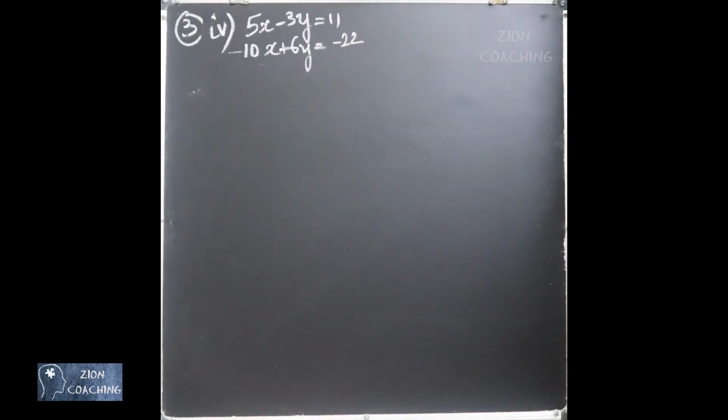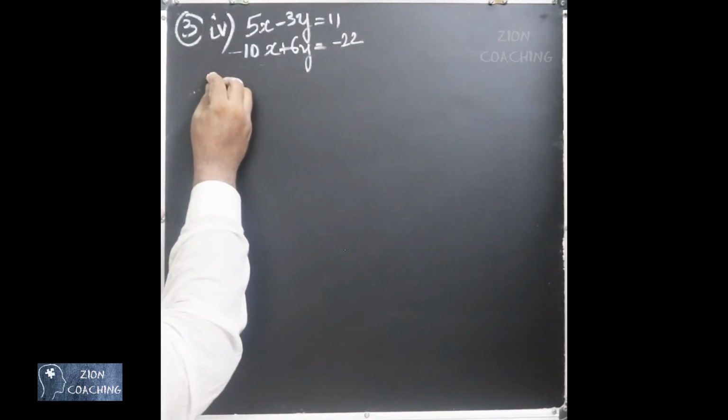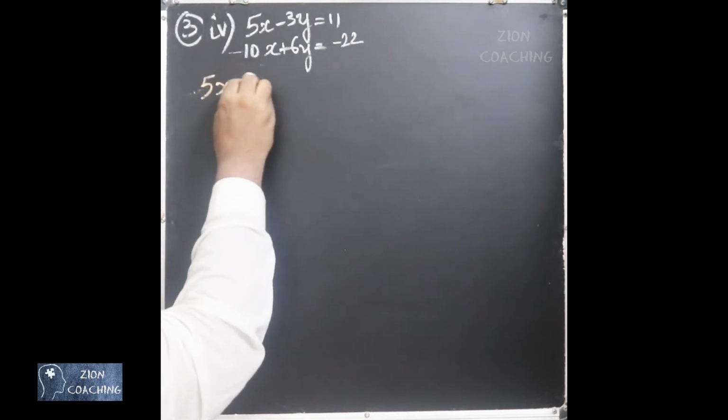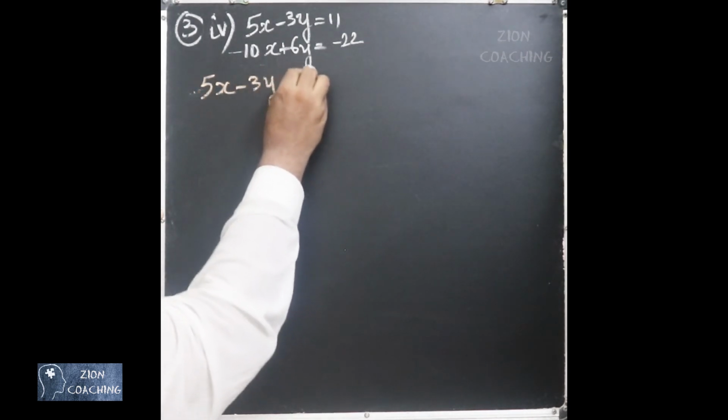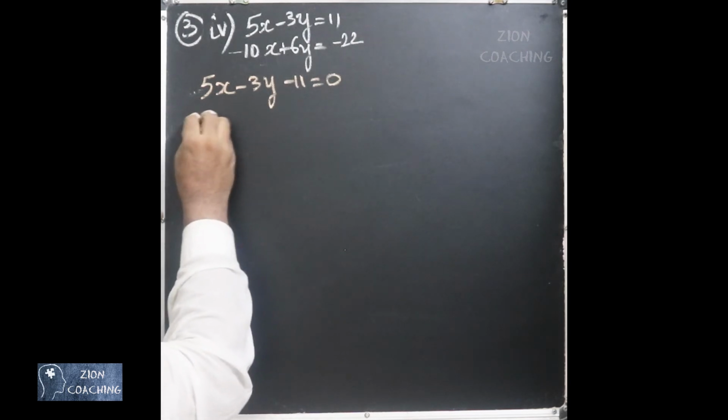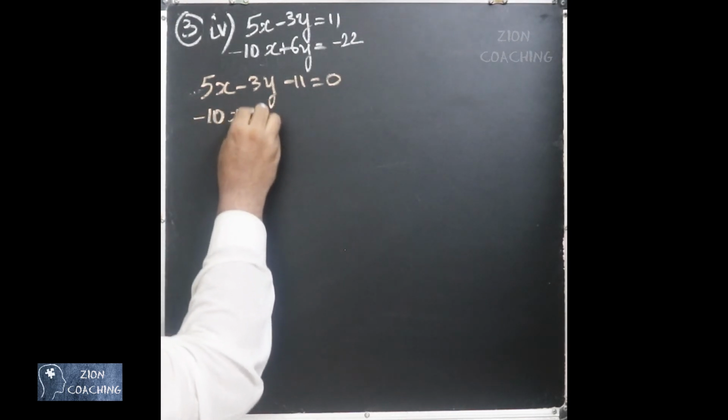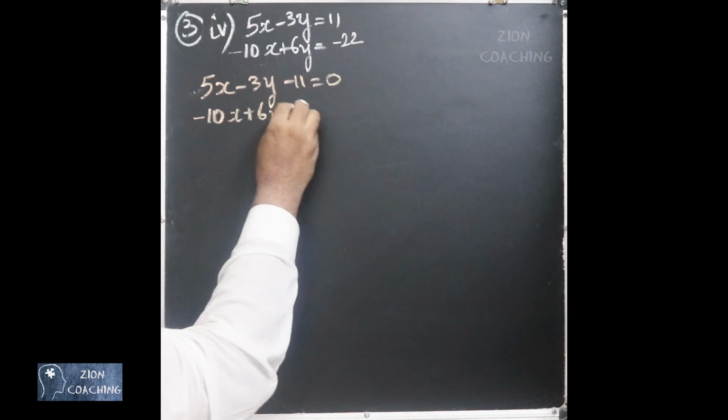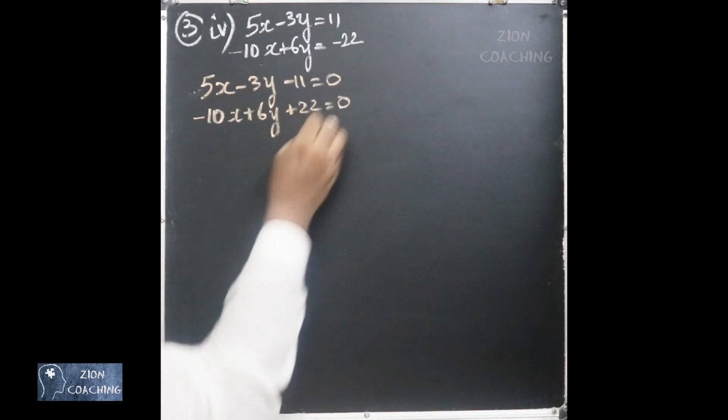First we will write the given equations in the general form. 5x minus 3y minus 11 equal to 0, minus 10x plus 6y plus 22 equal to 0.